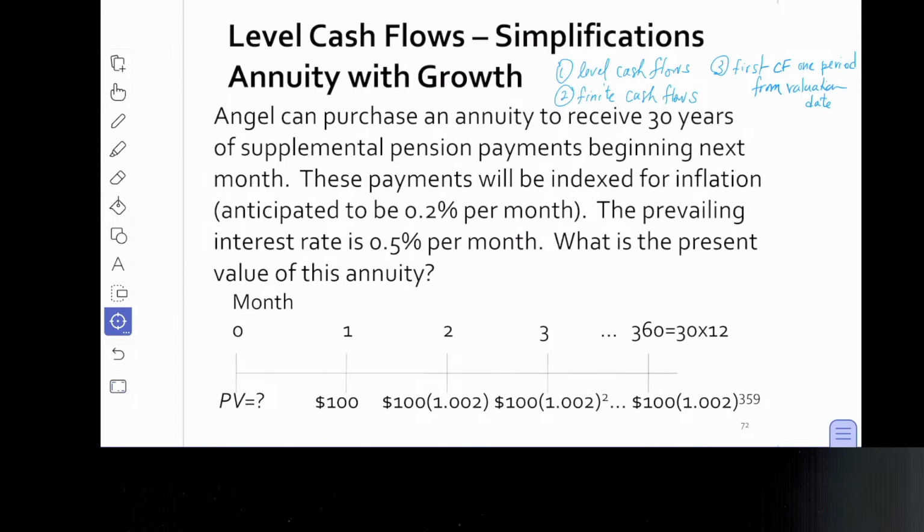Okay, that wasn't one of the conditions. Okay, so let's see. The payments are monthly, though. That's a good point. So when you solve problems of valuation, the first step is always, actually, I'll write it like this.